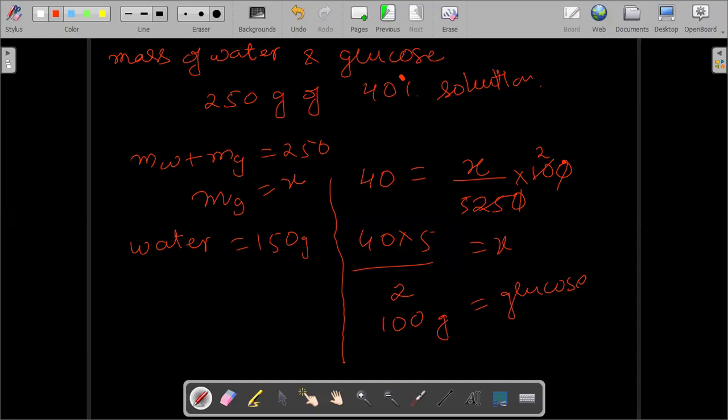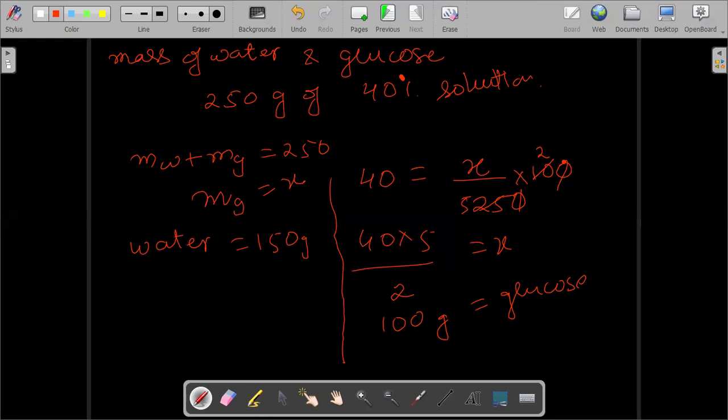I did mass of solute by mass of solvent into 100, x by 250 into 100. I did 40 into 25 and took 10x. 40 into 25 is equal to 10x. Then I did 1000 by 10, which is 100 grams.